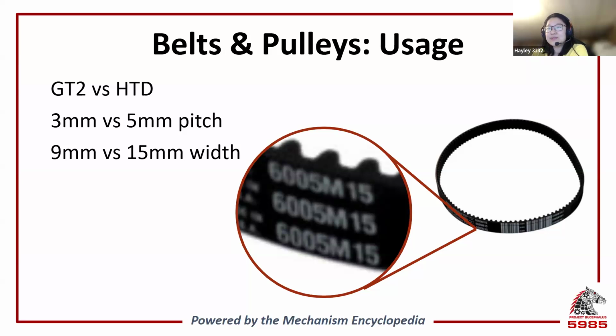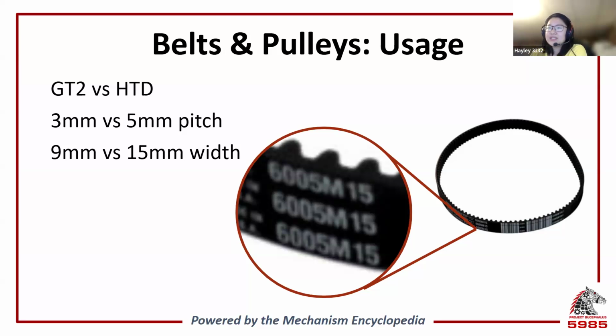So in this example, the belt on this slide is labeled as 600-5M-15. The 600 is telling you that the belt's length is 600 mil. The 5M tells you that the pitch is 5 mil, and the 15 is telling you that the width of the belt is 15 millimeters.